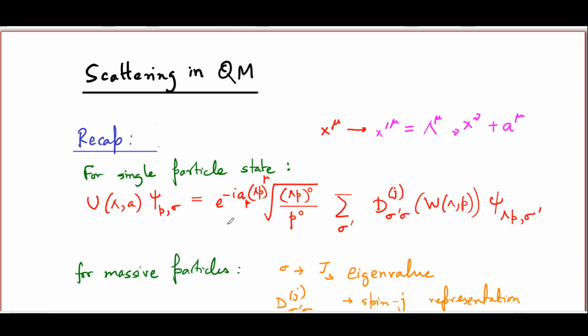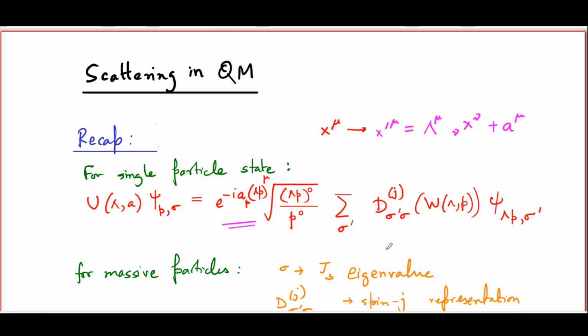You get a phase factor because the translation, which is of the form e to the minus i a dot p, is occurring here after the Lorentz transformation, so you already have the Lorentz transformed momenta lambda p. So it's basically e to the minus i a dotted with lambda p. Here dot of course means the 4-dimensional inner product. You actually have a factor here which is just a normalization factor.